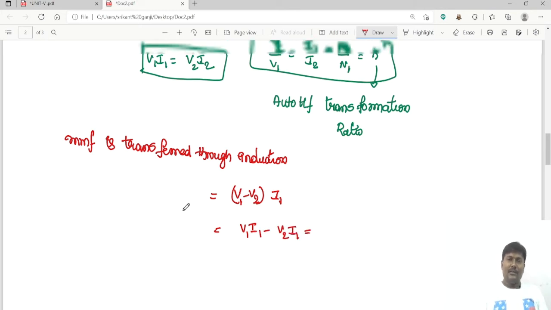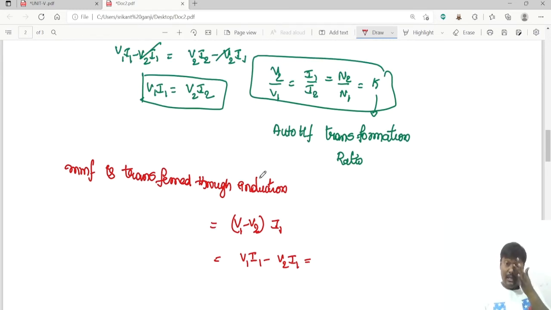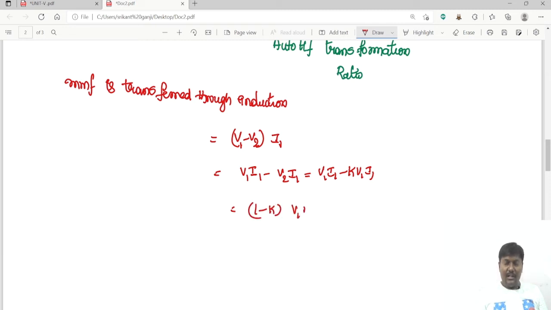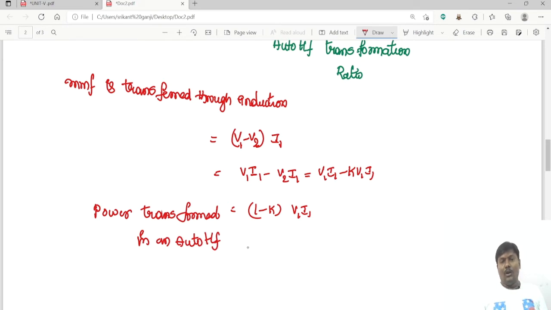We know from the transformation ratio that V2 is equal to K times V1. Substituting here, V1 I1 minus K times V1 I1, so 1 minus K times V1 I1. So the power transformed in an auto transformer is equal to 1 minus K times the input power of the auto transformer. This is very, very important.